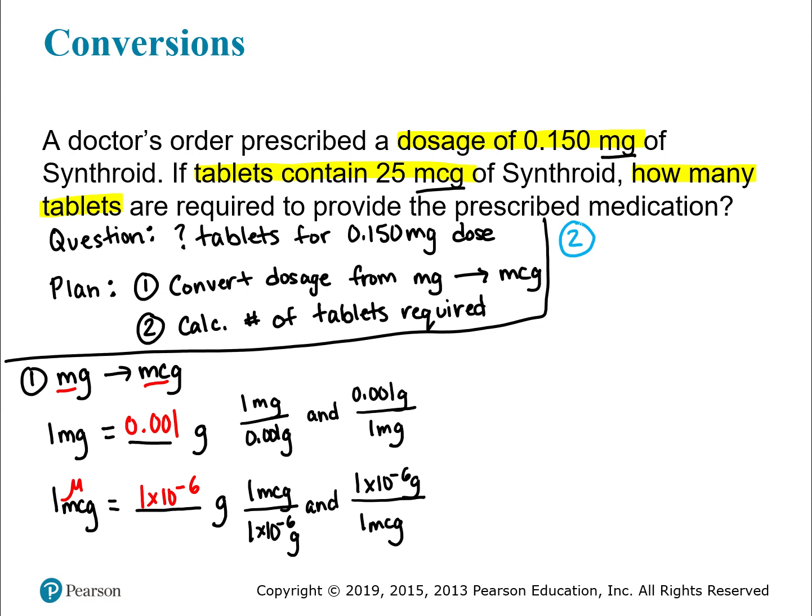We're told a tablet contains 25 micrograms. That, in and of itself, is an equality. And you'll have to be able to read a problem and see when you're being told what an equality is.